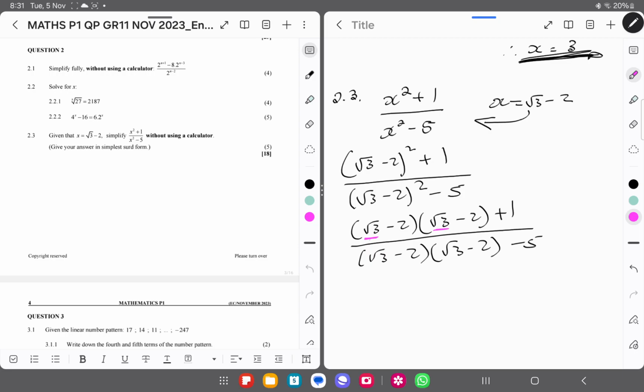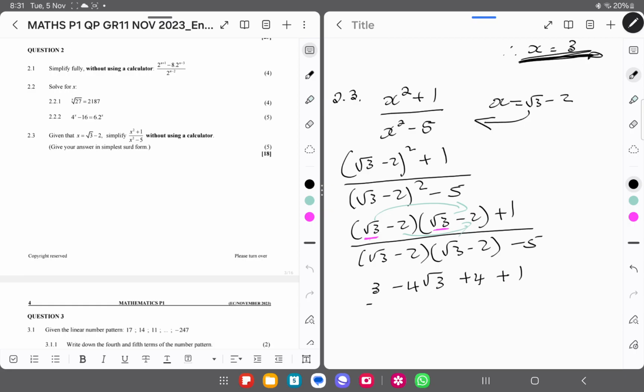So this one will multiply this one. How much will I get for that? Root 3 times root 3, I get 3 as the answer. And then this one and then this one. That will give me minus 4 the root of 3 plus 4.